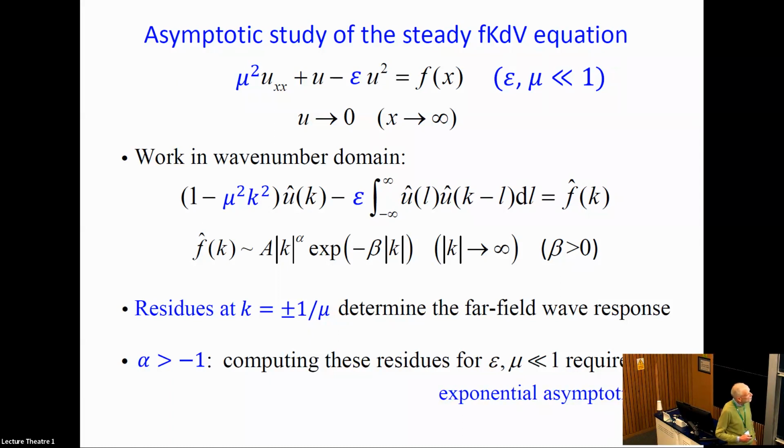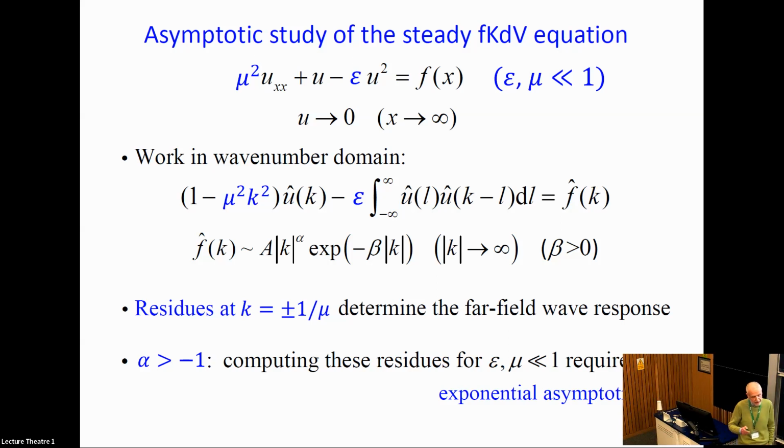Now, we're going to assume that the forcing is smooth enough, so it has exponentially decaying behavior, as you can see for large K, and also has a power in front of it, with a power alpha, that plays a role, as you're going to see. Now, this kind of forcing includes many possible forcings, this asymptotic behavior.